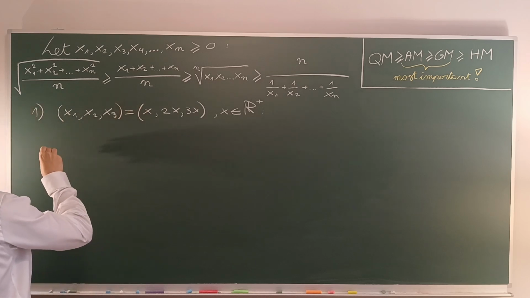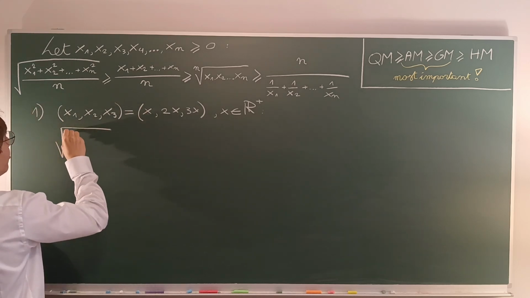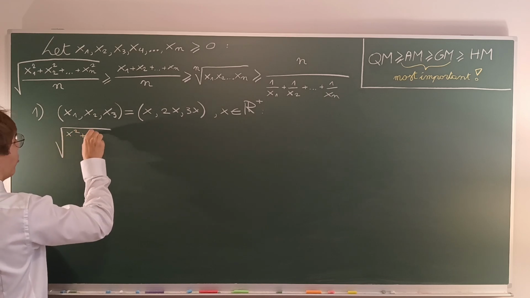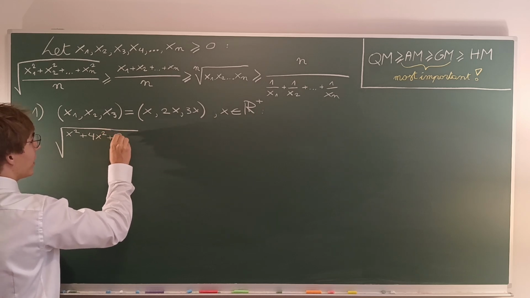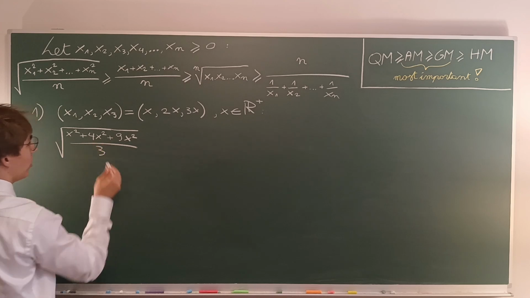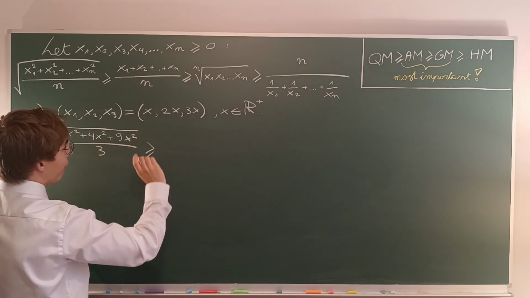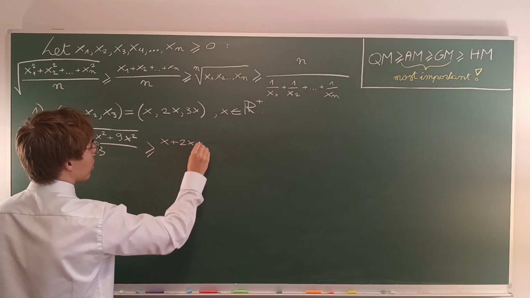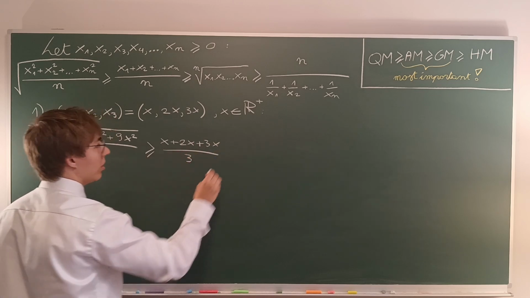This makes the inequalities, the first one, the square root of (x squared plus 4x squared plus 9x squared) over 3 is greater than or equal to the average, which is (x plus 2x plus 3x) over 3.